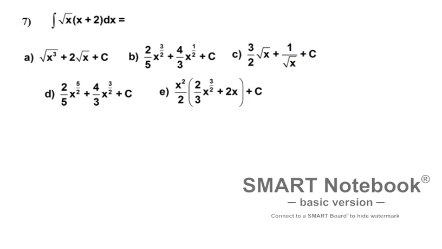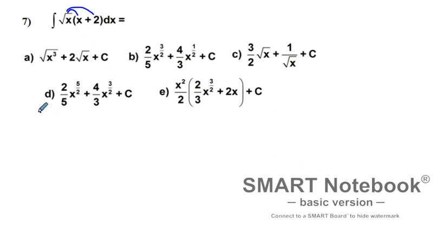Next, 7. We have integration. What I'm going to do is we take an integral of the square root of x times 2x plus 2 dx. So we can distribute this square root of x to both terms inside the binomial there.